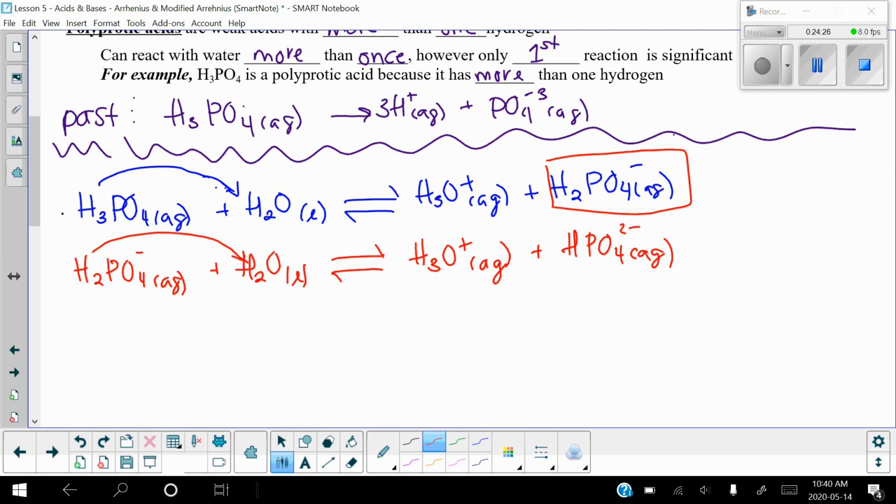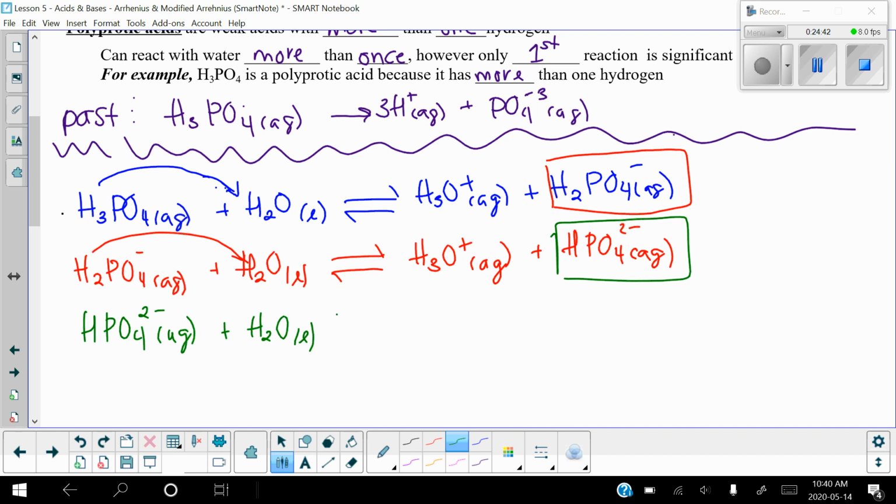Okay, now this can happen again. I can take this species here, and it's going to react with water again. HPO4 2 minus aqueous reacts with water. Equilibrium, basically an equilibrium arrow means that the reaction can go forwards and backwards.